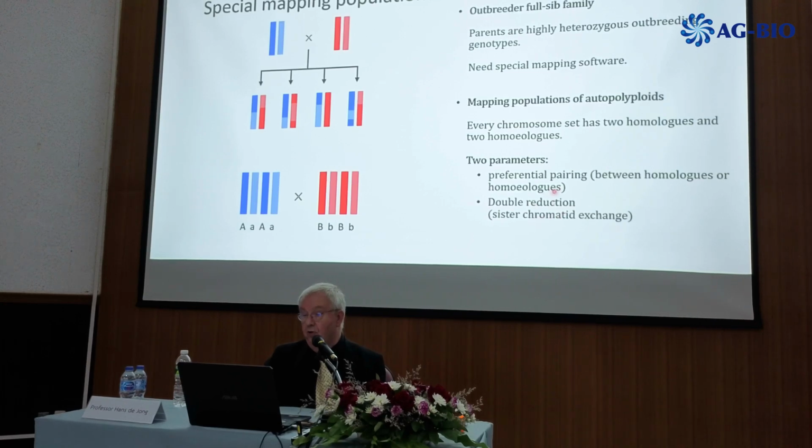And the second, I'm not going to discuss that, but just mention the name, is what we call double reduction. Double reduction is the result of sister chromatid exchange. And then you get a completely different segregation of markers in your progeny. That makes it very difficult. But don't worry, also for autotetraploids nowadays, we have very powerful software that we can use.